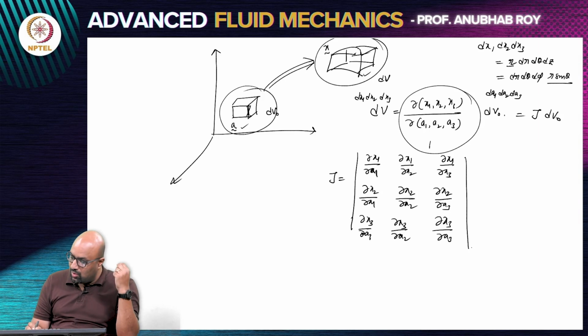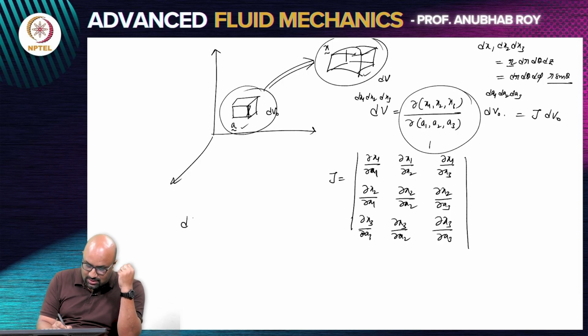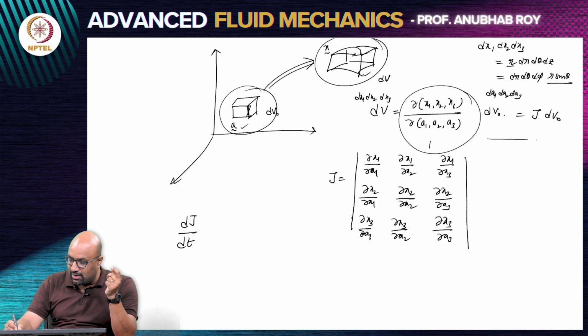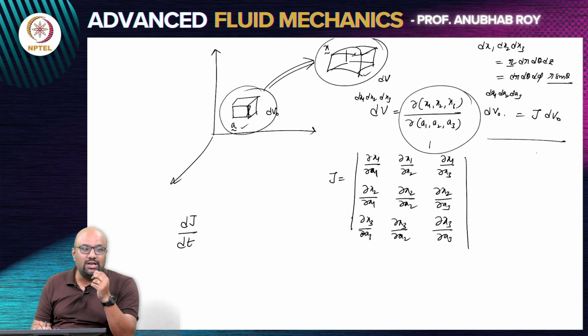Now what we want to find out is the rate of change of volume. To find the rate of change of volume, I am interested in calculating the quantity dJ/dt, because when I take a derivative, it will tell me how much the volume changes in time.